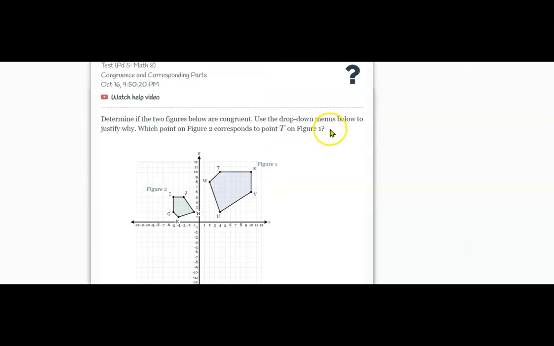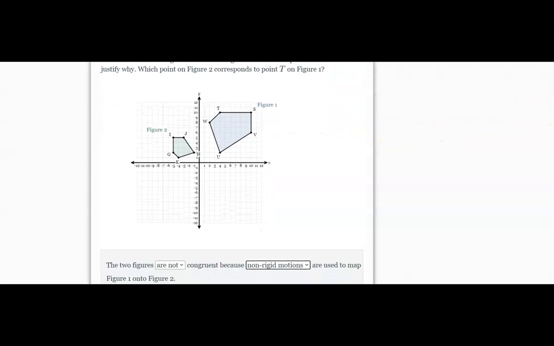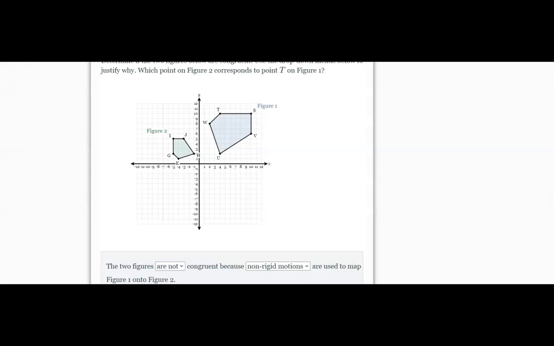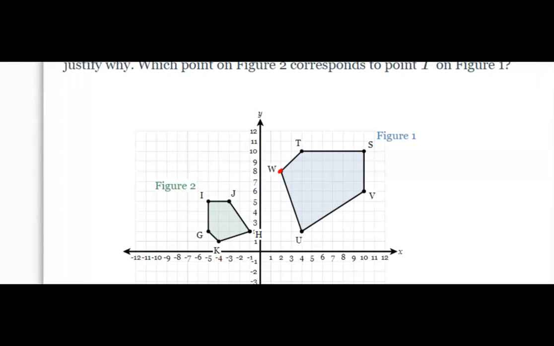Now, if I twist this and turn it, I could probably figure out which one corresponds to T. But all you really need to do is find one corner that matches, like this, right here. Point W. So W to T, WTSVU.